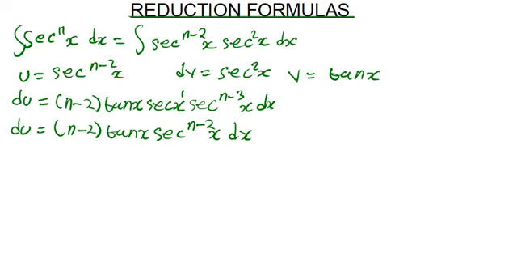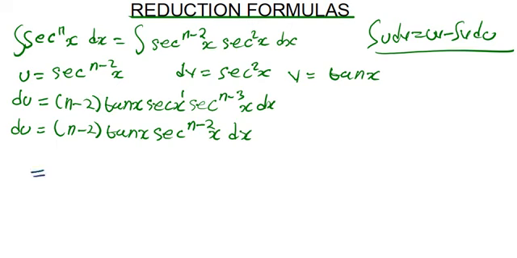Multiplying by the formula, the integral of u dv is equal to uv minus the integral of v du, which is the formula for integration by parts. You're going to find that the v by the u gives tan x multiplied by sec n minus 2 x, minus the integral of v by du, and of course I have a coefficient here.